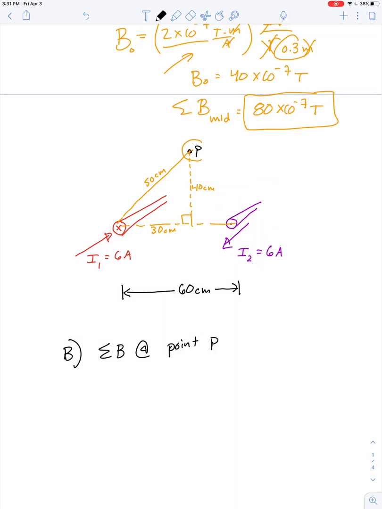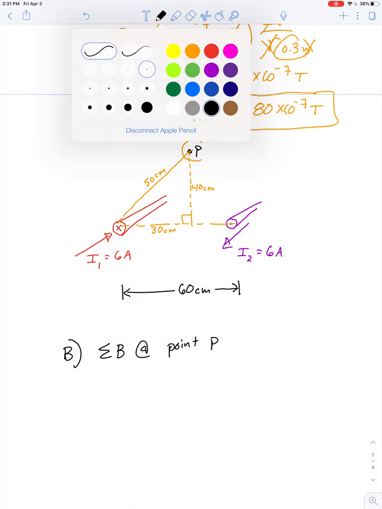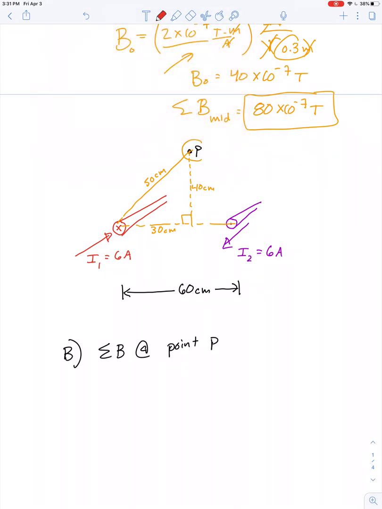So for wire number 1, there's a current that produces a magnetic field that goes in clockwise circles. Point your thumb in the direction of this current. Your fingers curl around in clockwise circles. So if we make a clockwise circle that passes through point P, then that represents a part of the total magnetic field line that wraps around that wire.